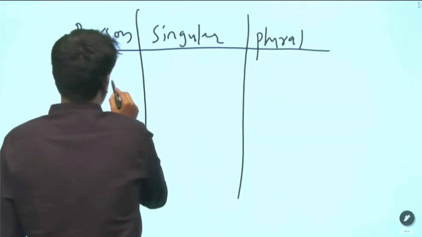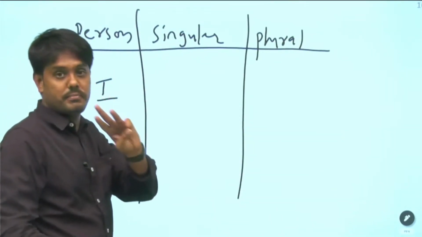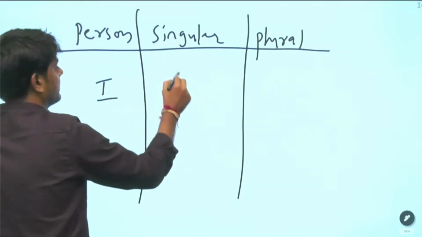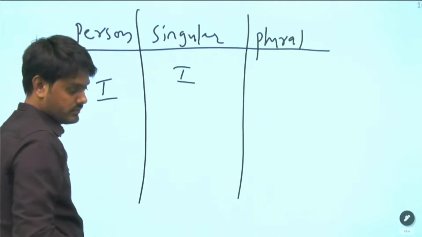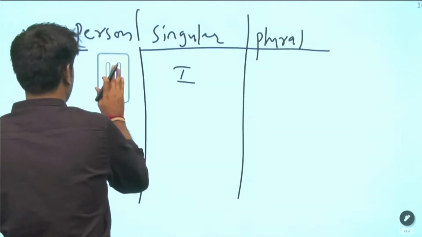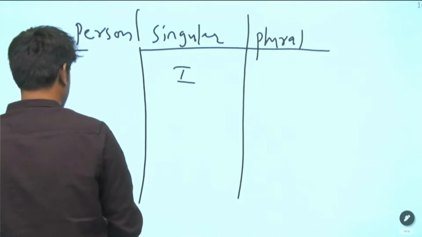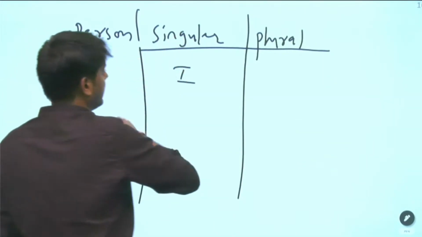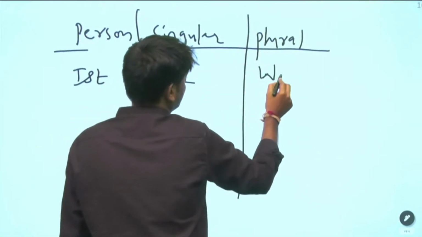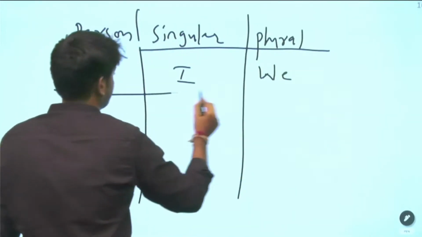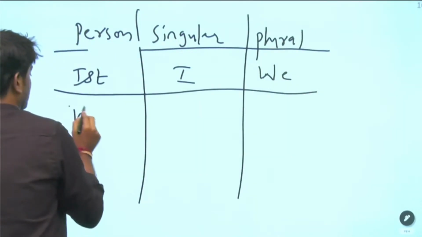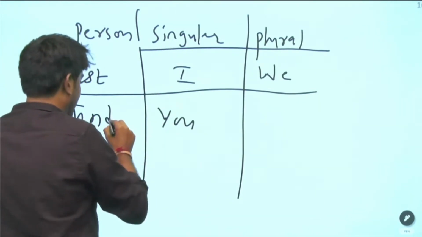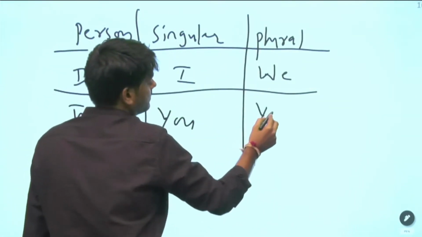So we generally have three types of persons. In that, first person singular is I, and first person plural is we. Next, second person singular is you and second person plural is also you.